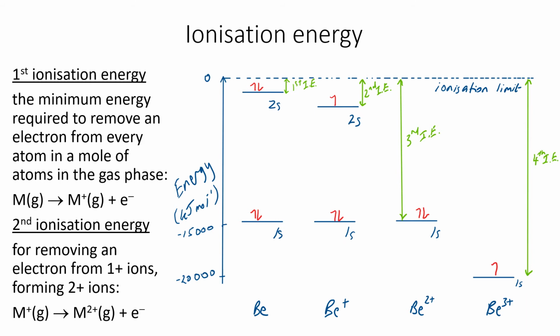When you compare all these different ions, you can see that the energies of these subshells isn't constant. It actually depends on the other electrons in the atom. But the one thing we can show as being constant is actually the ionization limit. And interestingly, because it's a constant, we actually define it as 0 in energy.